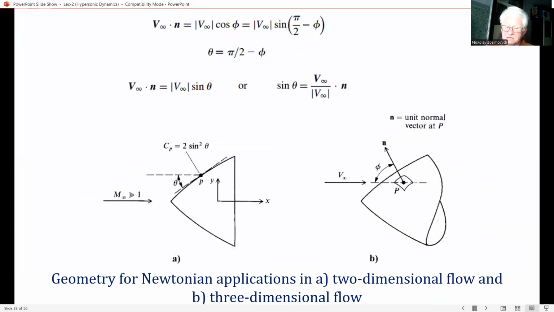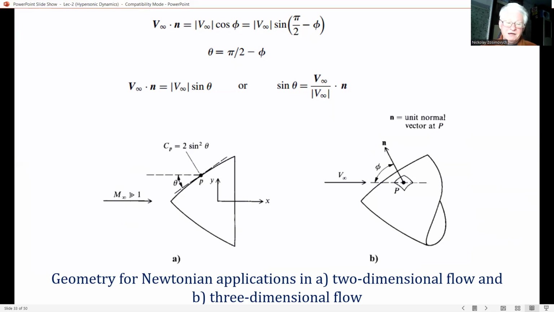In applying the previous equation to hypersonic bodies, theta is taken as the local deflection angle. That is the angle between the tangent to the surface and the free stream. And clearly, Newtonian theory is a local surface inclination method where Cp depends on the local surface deflection angle. It does not depend on any aspect of the surrounding flow field.